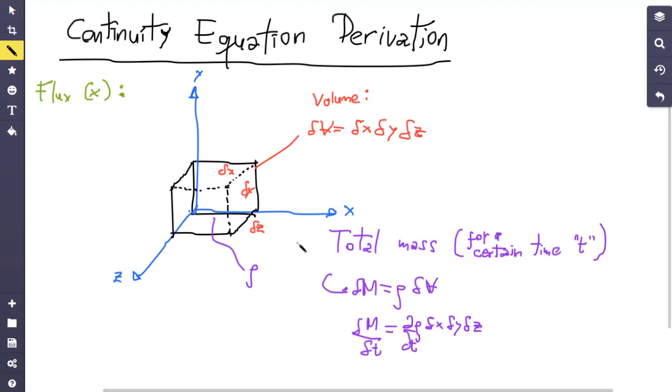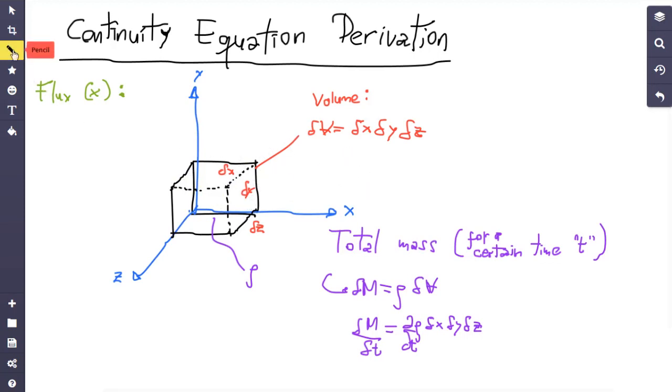So what we're going to do is take into account the possibility of the density variation in time plus the flux of fluid mass. In this case, it will be a mass discharge with units of kilograms per second in the International System of units.